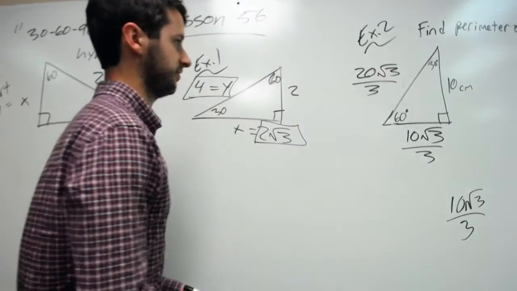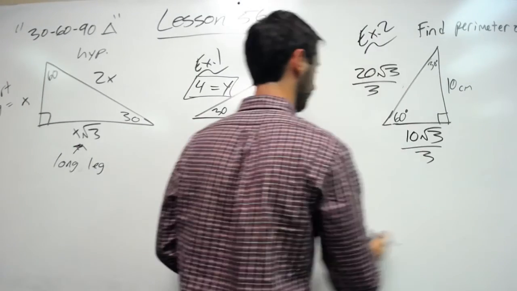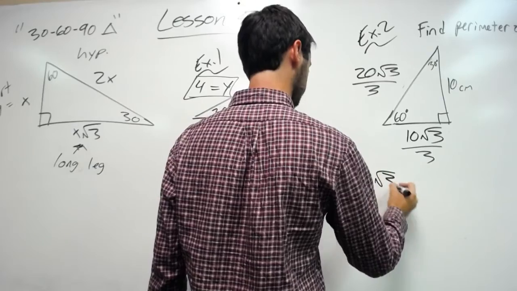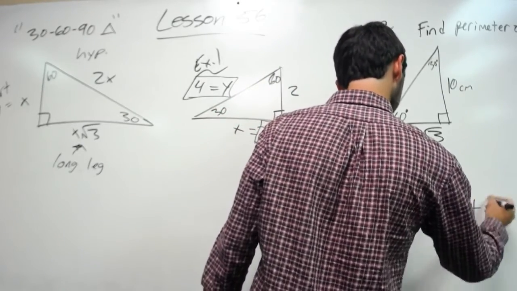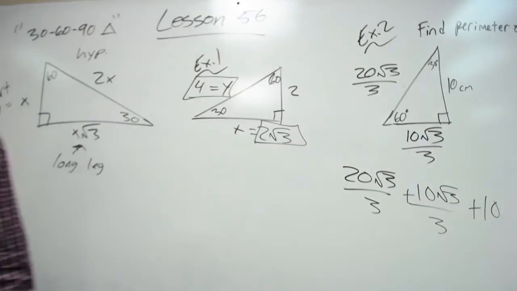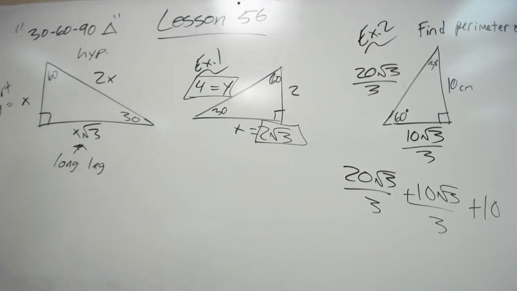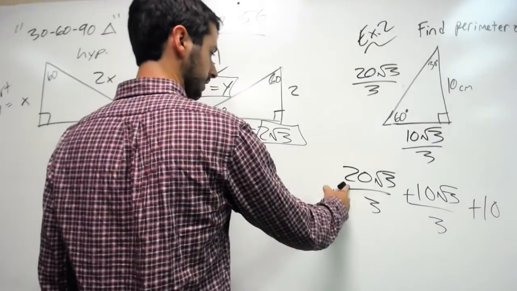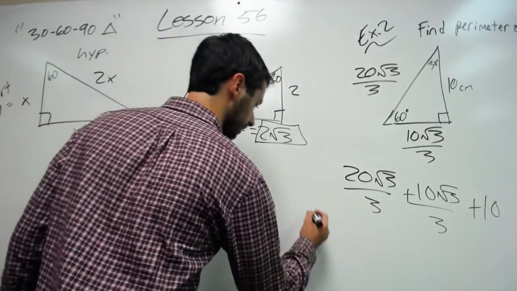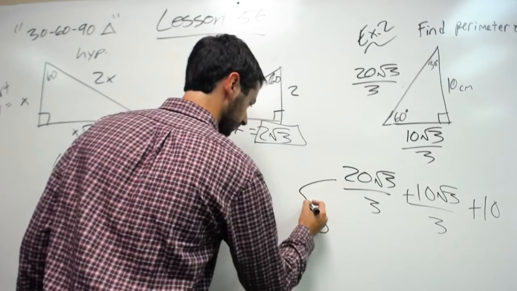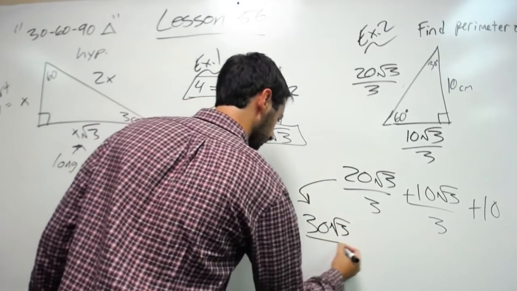Now it wants us to find the perimeter, so we add everything together: 20 radical 3 over 3 plus 10 radical 3 over 3 plus 10, and it wants it in simplified radical form. When we add 20 radical 3 plus 10 radical 3, we get 30 radical 3 over 3, plus 10.